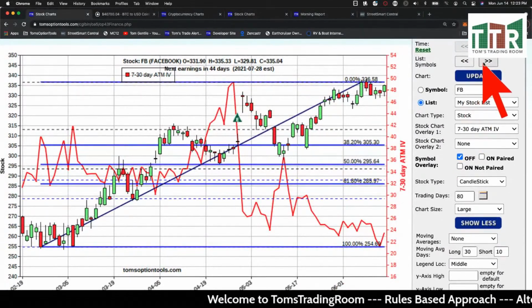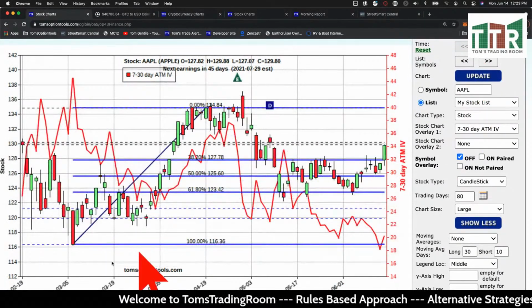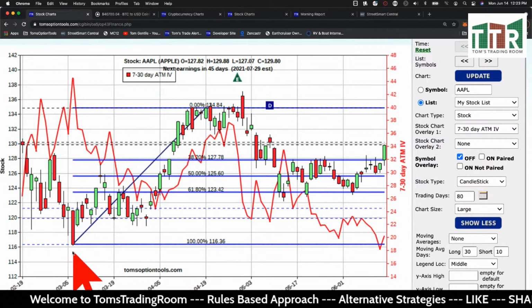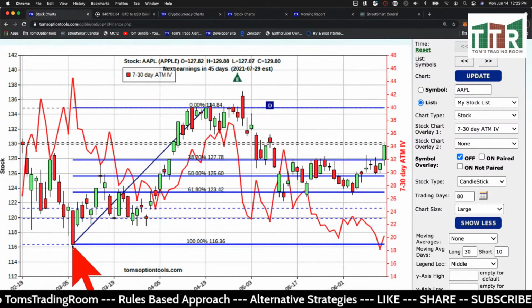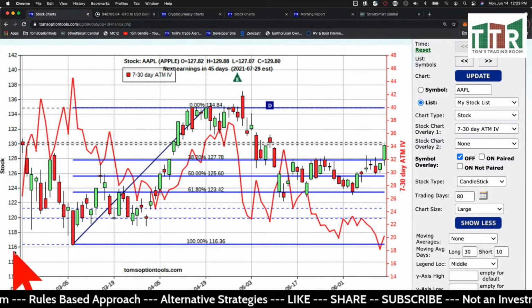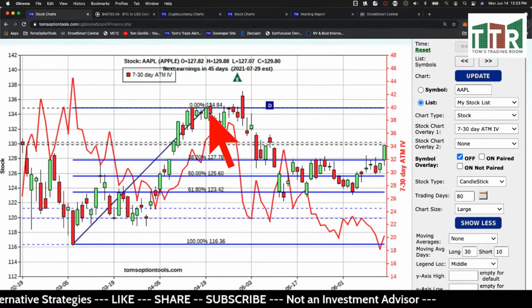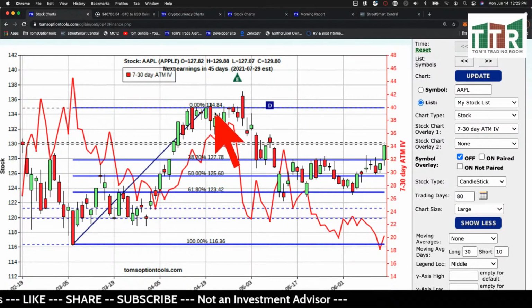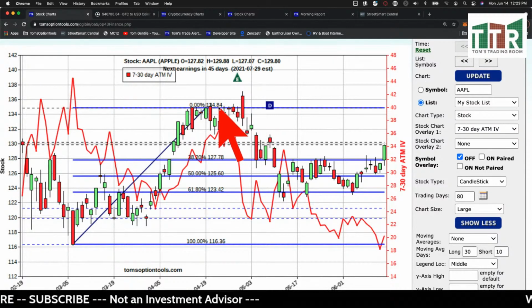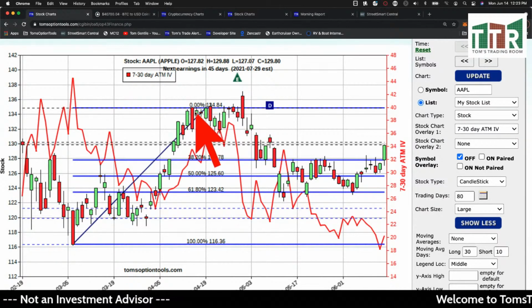Let's move this forward. Apple. Apple had a low this year just after the first week of March when it clocked in at 116. It had a high about a month later, around 134.84. Now, you might say, Tom, the high is over here, not here.